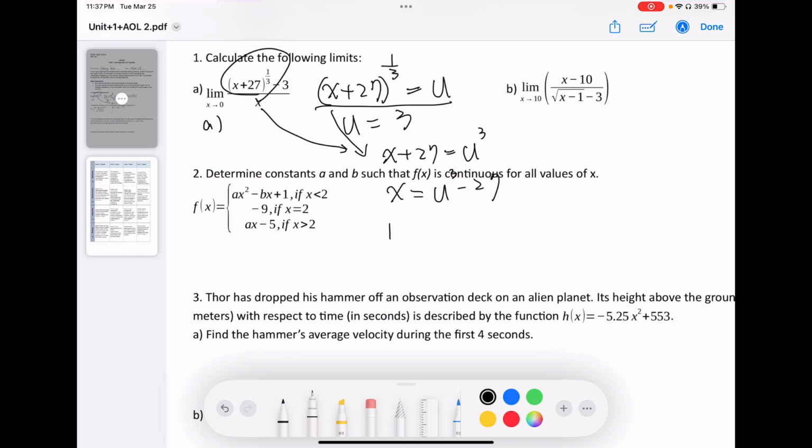So it'll be the limit as u approaches 3 of u minus 3 over u cubed minus 27.